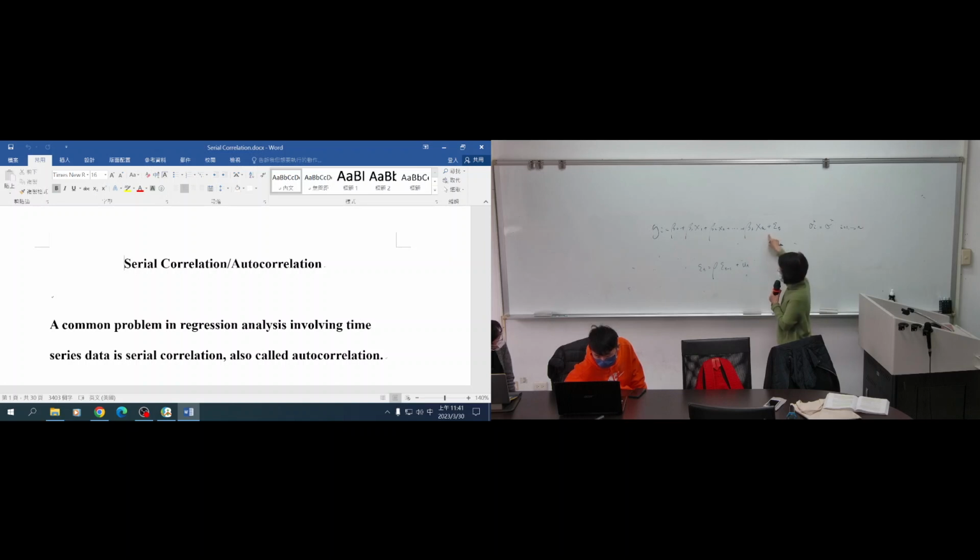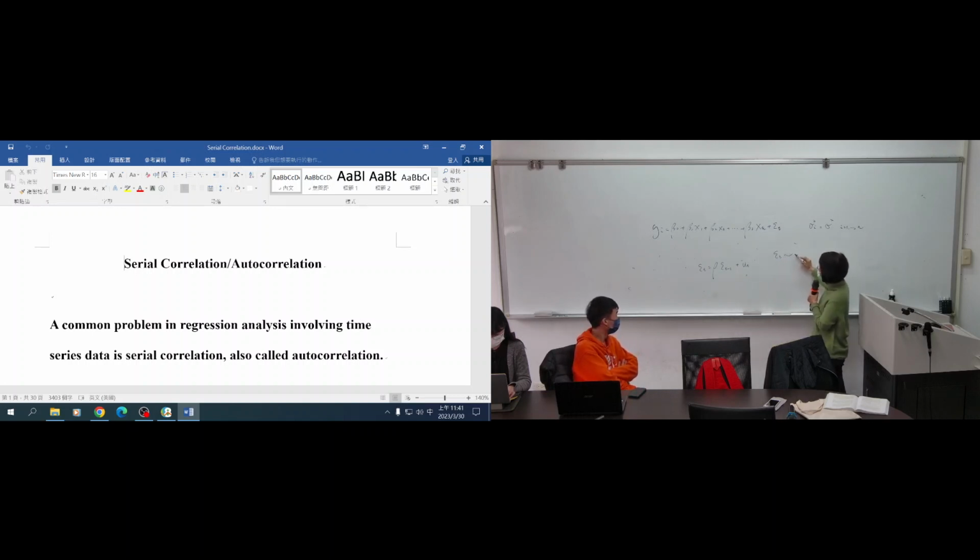If this meets the OLS classical assumptions, it means u t is distributed as IID, independently and identically distributed, usually with a mean equal to 0 and a constant standard deviation.